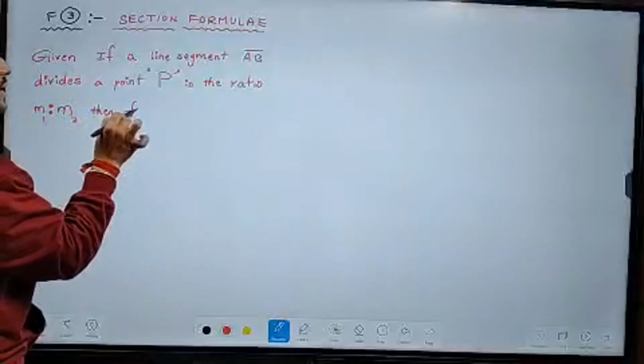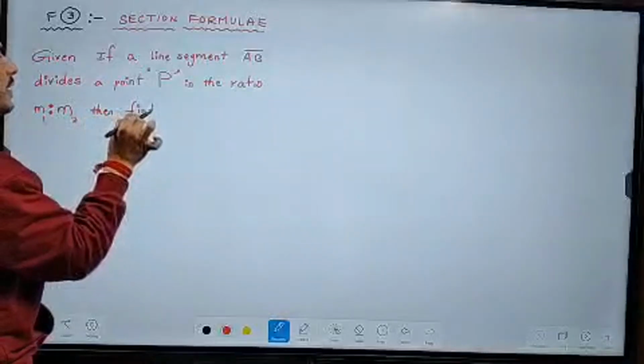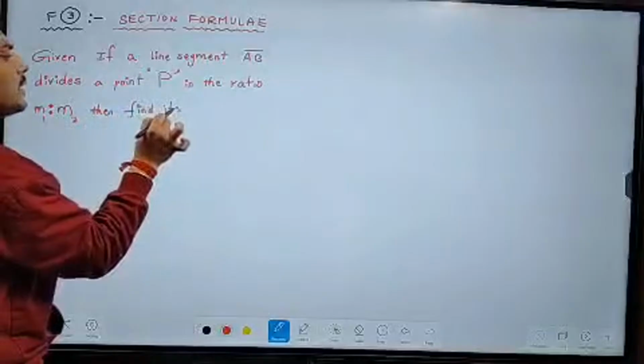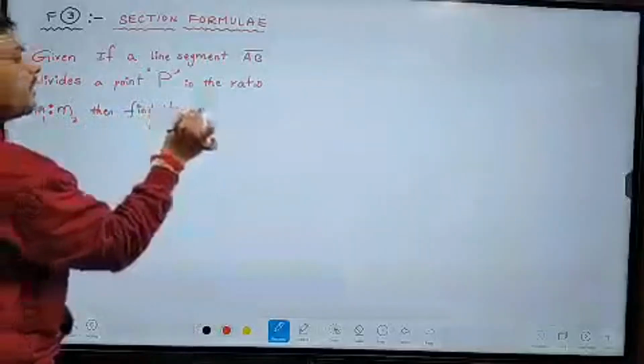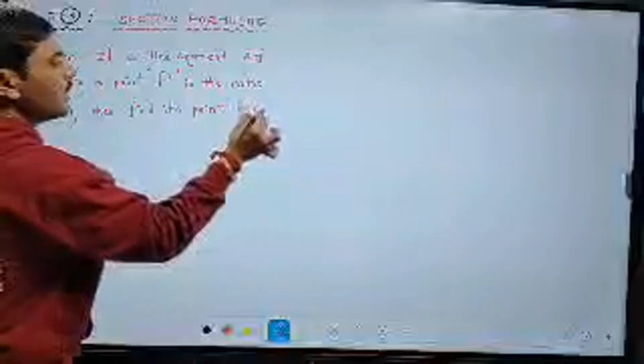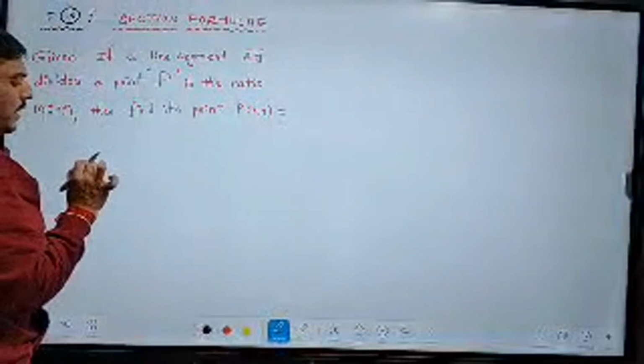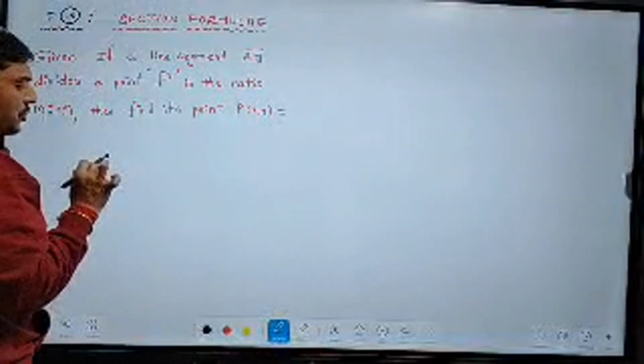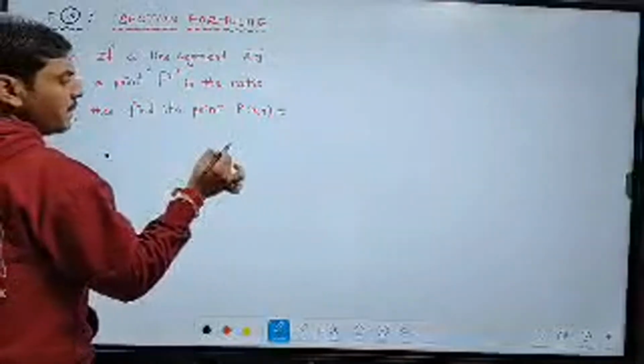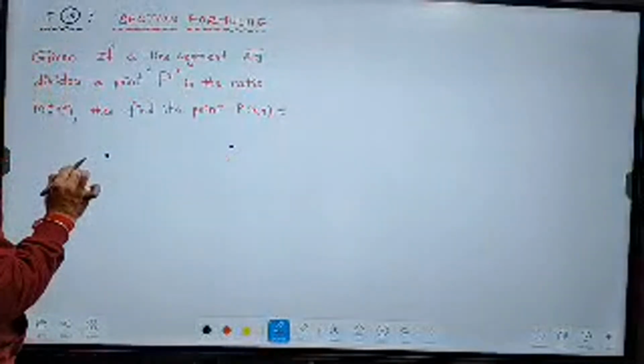Then find its point P(x, y) using that formula. Very important, students. Listen. I draw a picture. This is capital A. This is capital B, students.